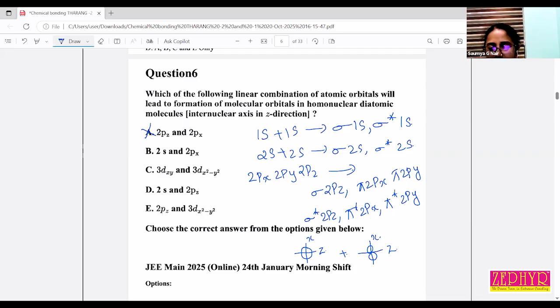How does it overlap? Along the internuclear axis.